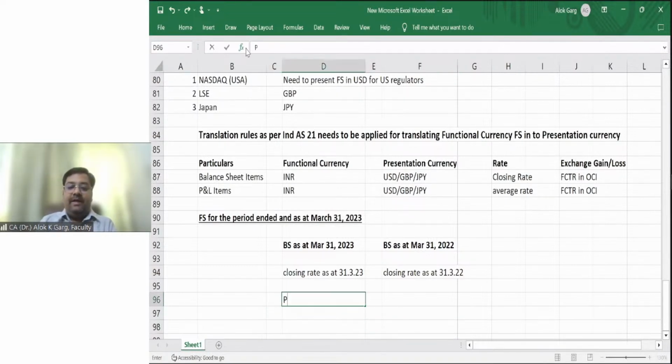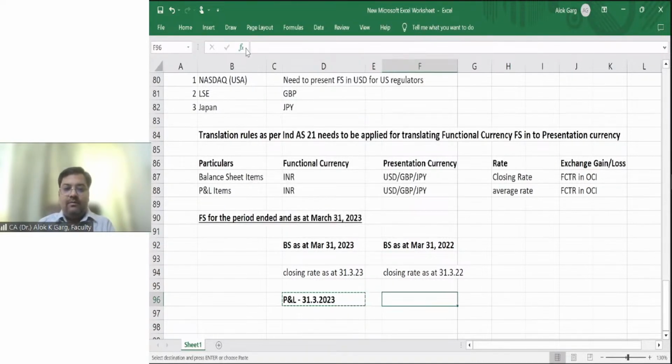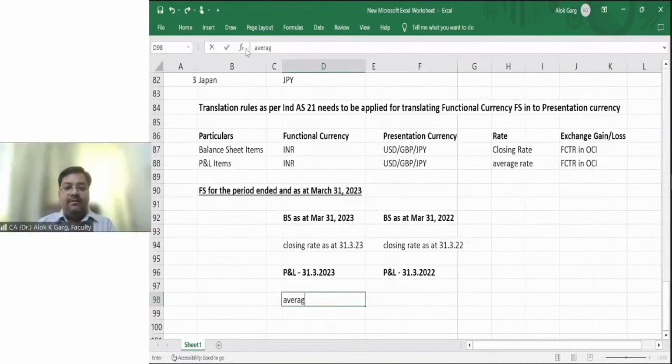The P&L for the period ended 31st March 2023 and the P&L for the period ended 31st March 2022 need to be converted at the average rate for the entire year.